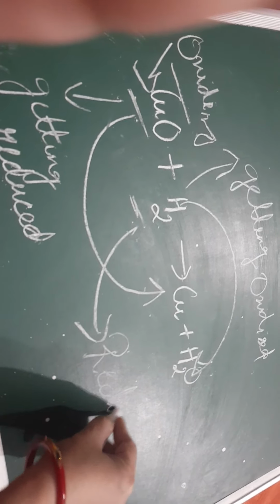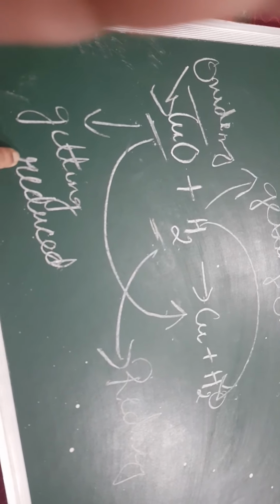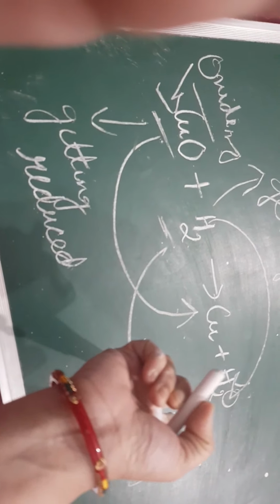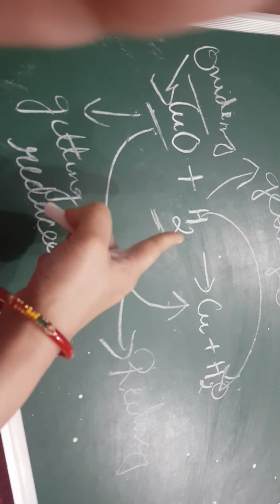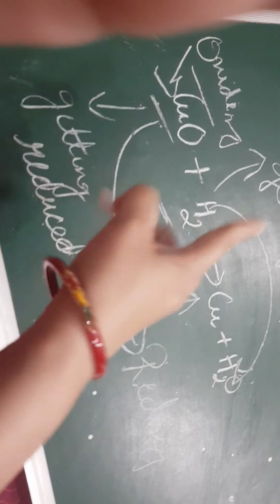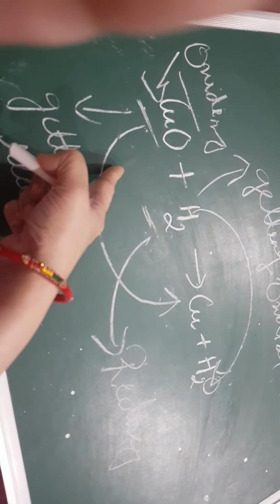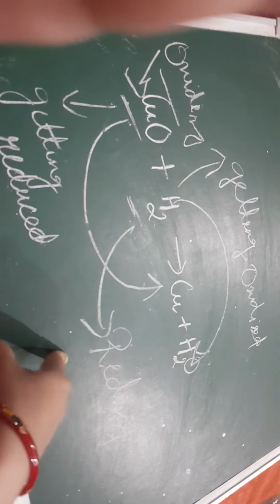Remember this: the substance which is getting reduced in a reaction will oxidize another substance, so that is the oxidizing agent. Hydrogen is itself getting oxidized, so it will reduce another substance; this is the reducing agent. This you have to remember.